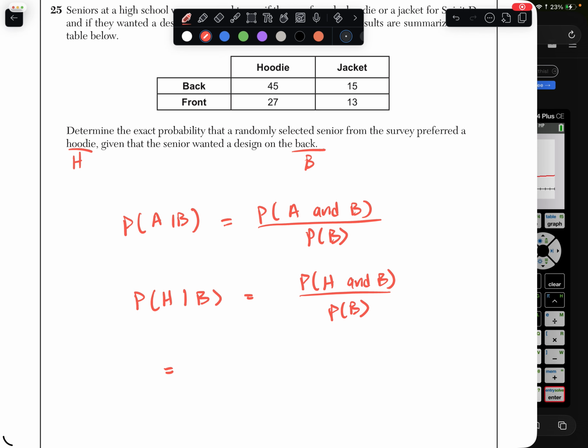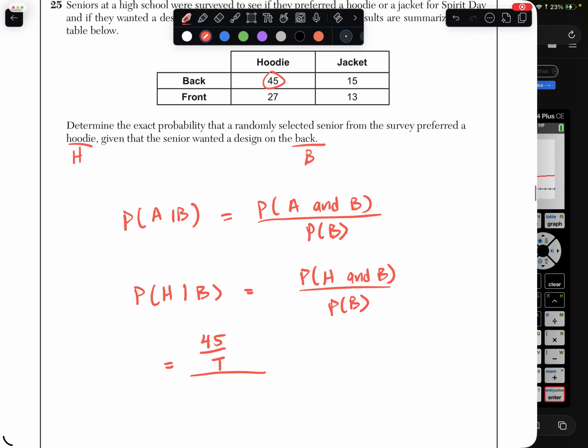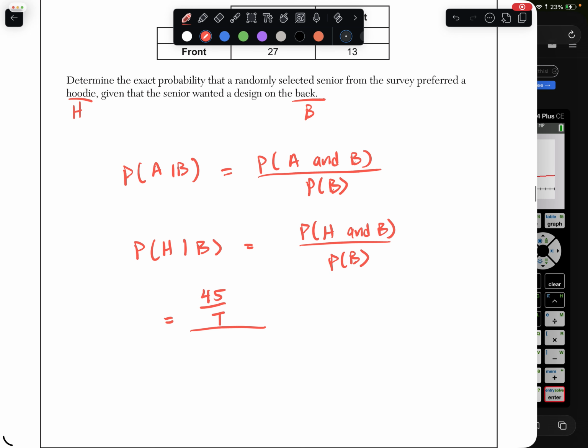For this, the probability of hoodie and on the back is 45 over the total. I'm too lazy to find the total. You can see the total does not really matter. All over the probability of the back, so I would have to do 45 plus 15, which is equal to 60 over the total.